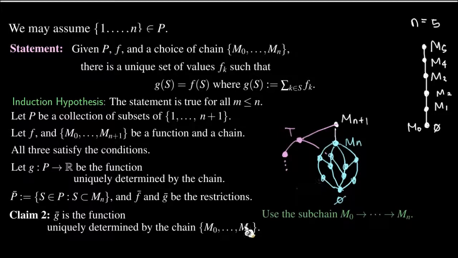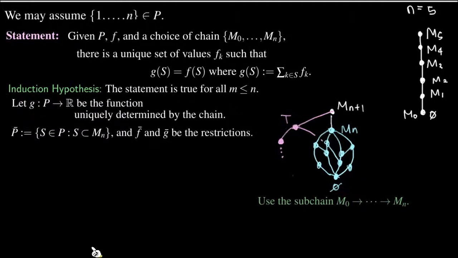So G bar is a function uniquely determined by the chain. It's not the definition that I'm claiming they agree on, because of the way G is defined, namely working the way up. So I collected the conditions that I wanted to use, and G's for that n plus 1 level, and these are the reduction, subcollection, and restriction, and G bar is a restriction, but it is the function determined by the subchain.